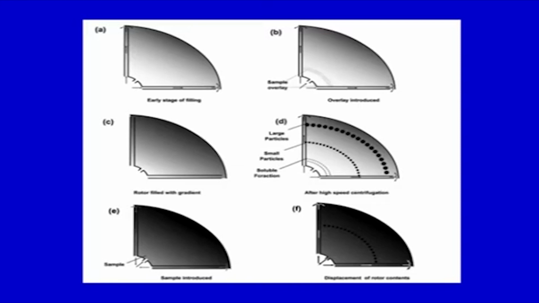So, again, you can push another liquid, and then things could come out of this central core here, and finally displacement of the rotor contents can be achieved by displacing it. There could be many more methods for recovering, like I said, from the edge or from the center.